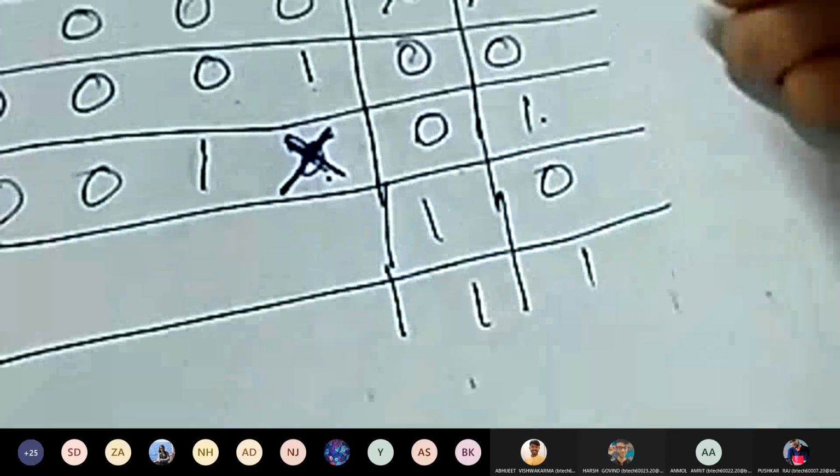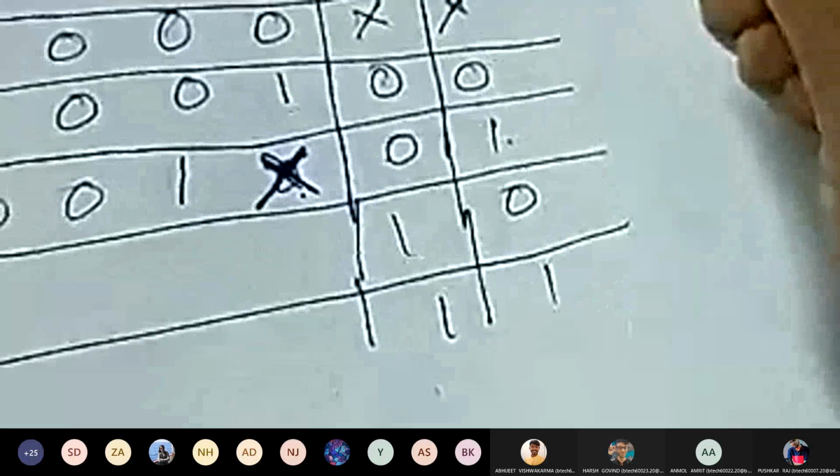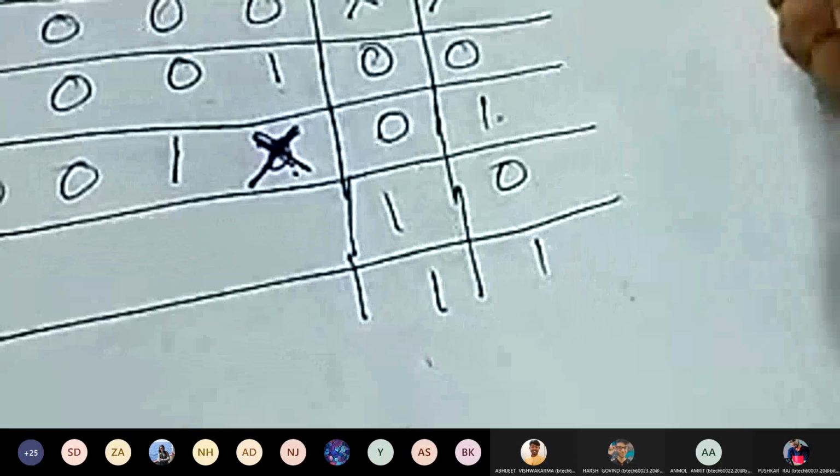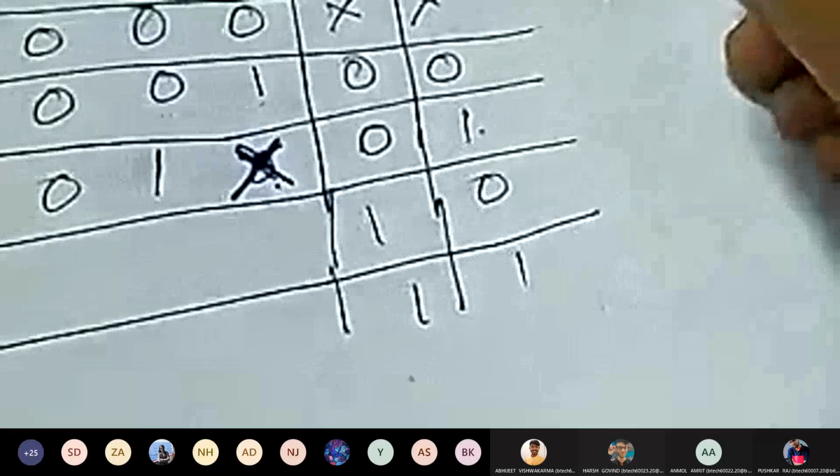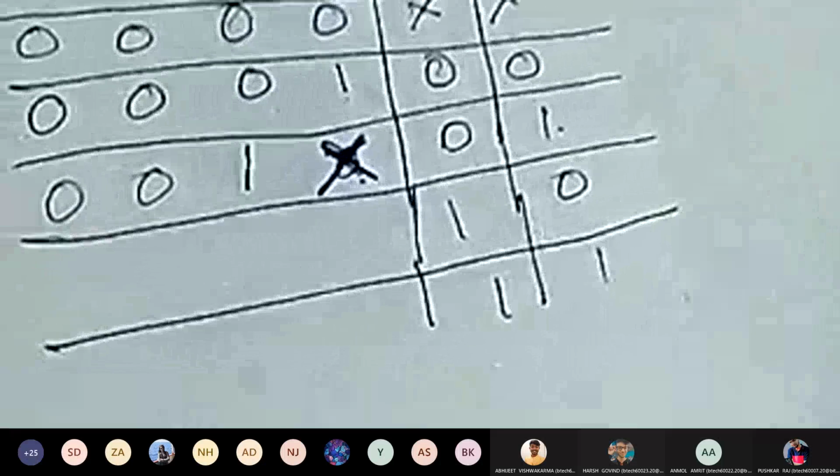But if instead of D0, I am writing X, that means D0 can be 0 also or it can be 1 also. That means X is don't care. I don't know whether it is 0 or 1.